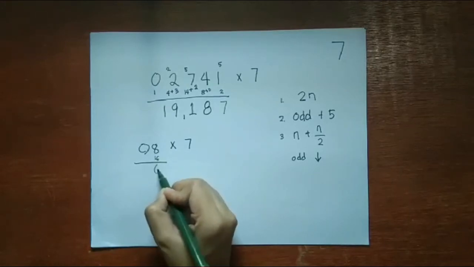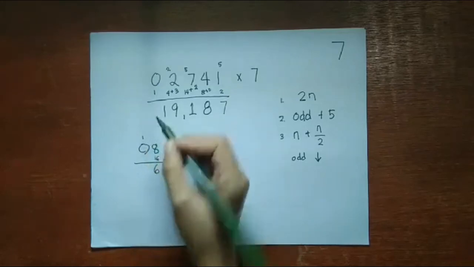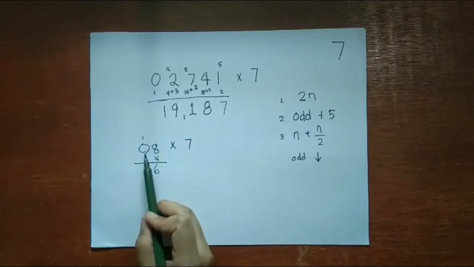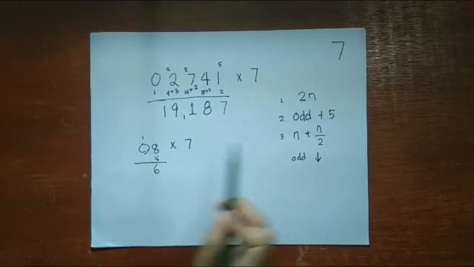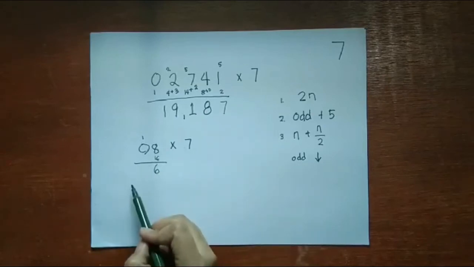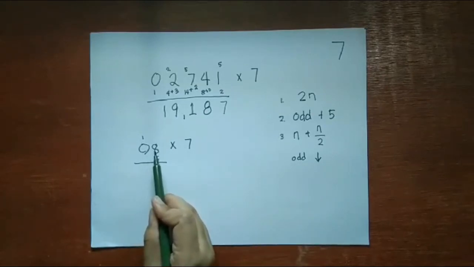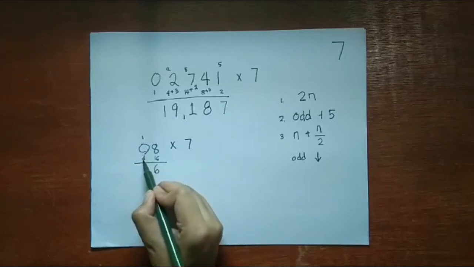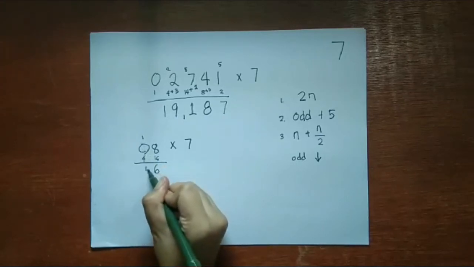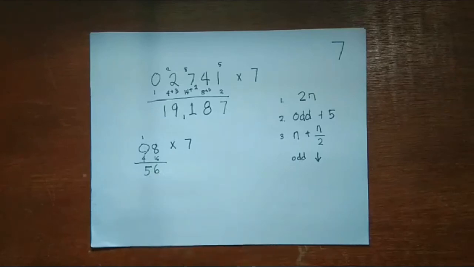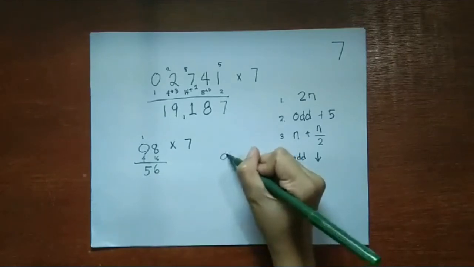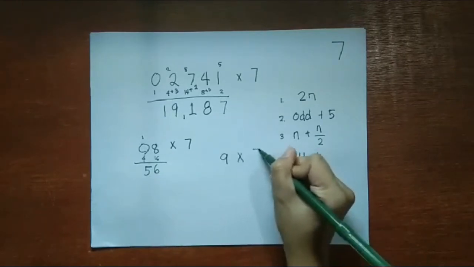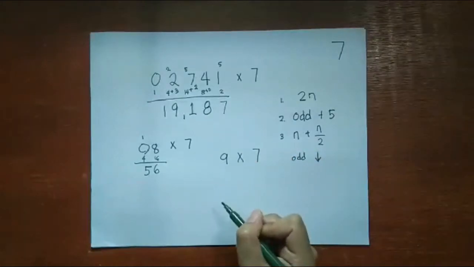Bring down the 6, carry over the 1. 0 doubled is still 0. It's not an odd number, so we don't add anything to it. But we take the half of its number neighbor, which is 8. Half of 8 is 4. 4 plus 1 gives us 5. 56.